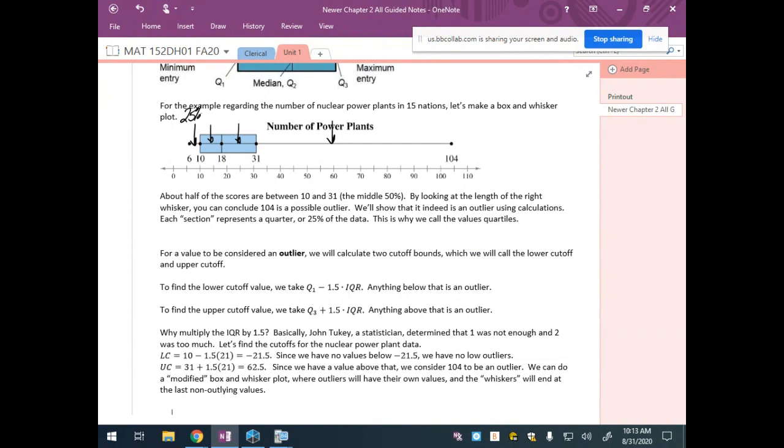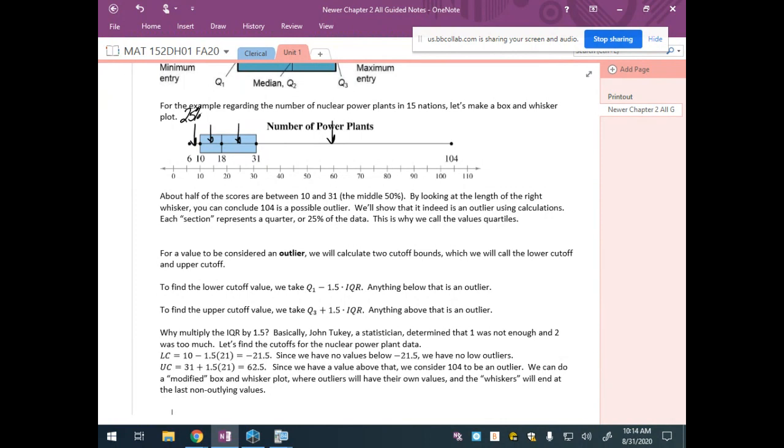So, let's find the cutoffs. The lower cutoff is 10 minus 1.5 times 21, or negative 21.5. There are no values below that, no outliers on the low end. However, for the upper cutoff, we see that we have 31 plus 1.5 times 21, which is 62.5.